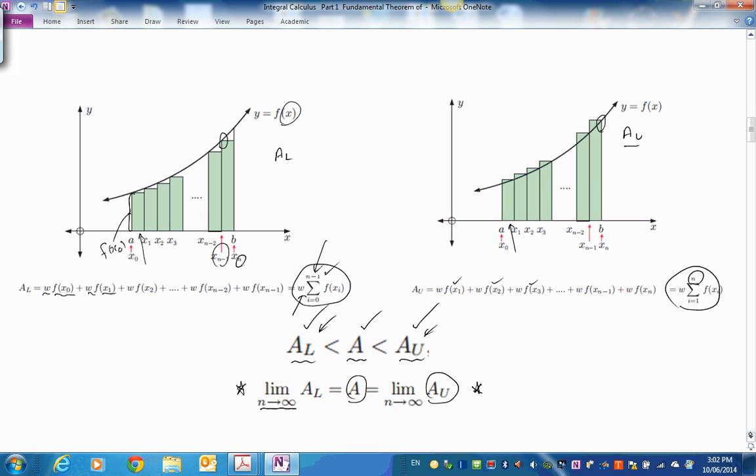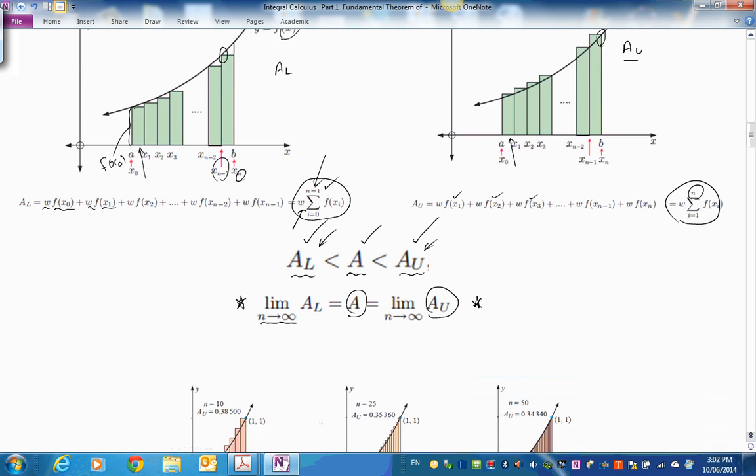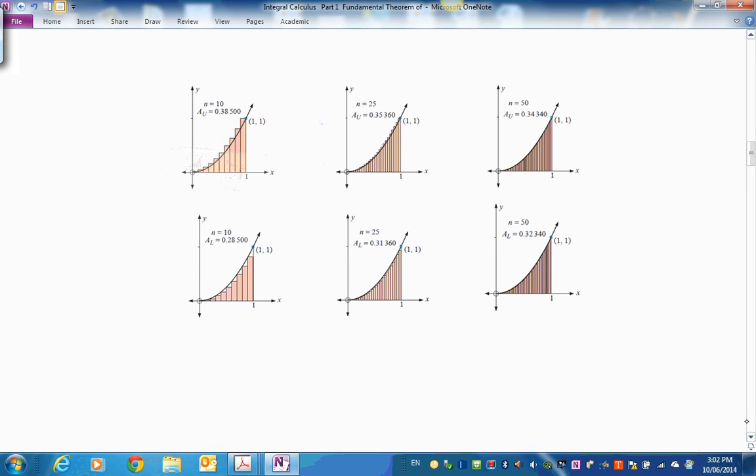Let's see if you can understand that by looking at this picture now. Okay, so here I've taken a function. This one's f of x equals x squared. Okay. And what we want to try and do, I think it's x squared, not sure now, we'll take 10 rectangles from 0 to 1, and we'll have an upper sum, this is the upper sum, and the lower sum for 10 rectangles.